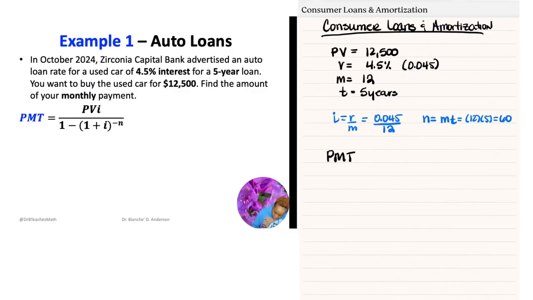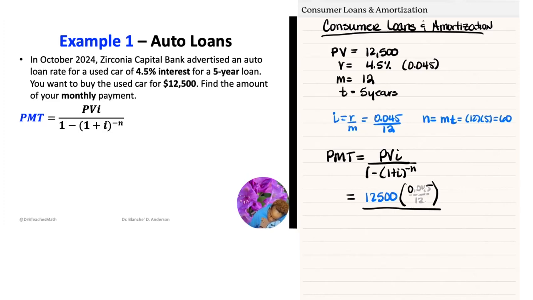Since I'm on my paper, PV times I divided by 1 minus (1 plus I) to the negative N. So this is going to be 12,500 times 0.045 over 12, divided by 1 minus (1 plus the interest rate, 0.045 divided by 12) raised to the negative 60. That's just following the formula.